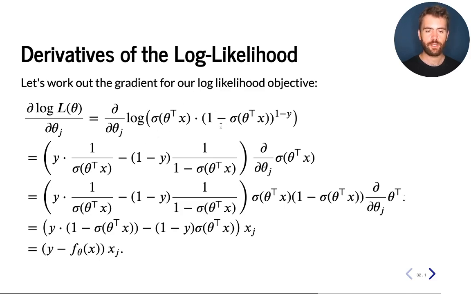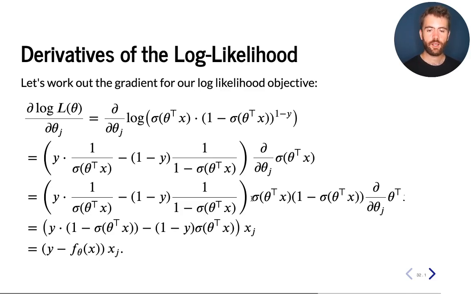Here in the first line, I have simply used the definition. Now here I have used the definition of the log to make this a sum of two terms. And now taking the derivative of these two terms, we have the following expression, which is maximized by what was inside the term, which is this thing here.